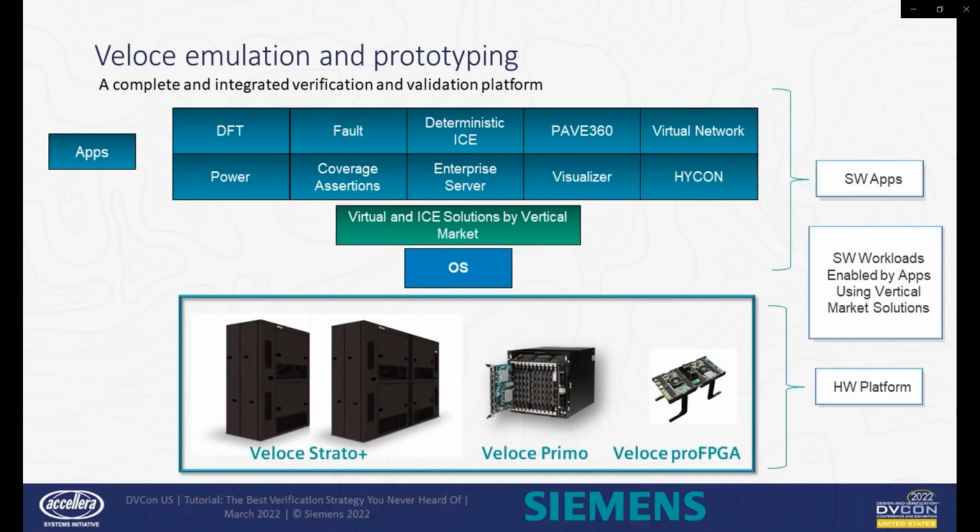On the left, you have Veloce Strato Plus, our latest emulator. Veloce Primo is our enterprise prototyping platform, and Veloce Pro FPGA helps with desktop prototyping. The concept is really software workloads enabled by running software apps by vertical market with an operating system mapping to the hardware platform.